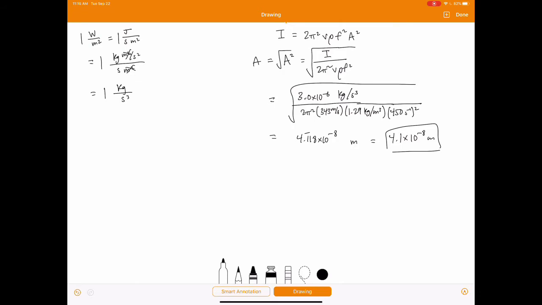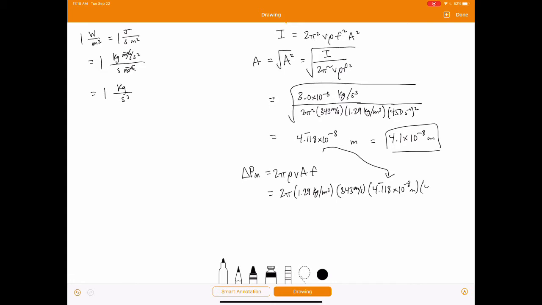Now, the next thing we can do is calculate the pressure amplitude, delta P max, which is given by 2 pi times rho times V times A times F. Now that we have A, we can do this calculation. So we have 2 pi, rho is 1.29 kilograms per cubic meter, V is 343 meters per second, A is 4.118 times 10 to the minus 8 meters.